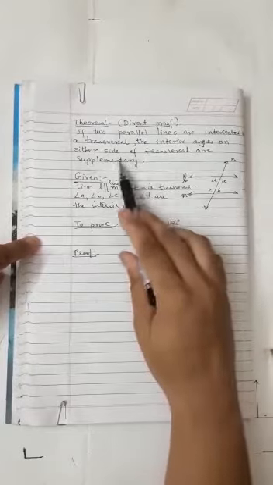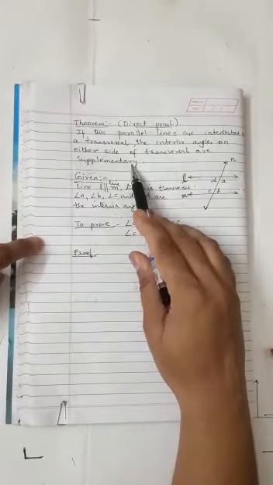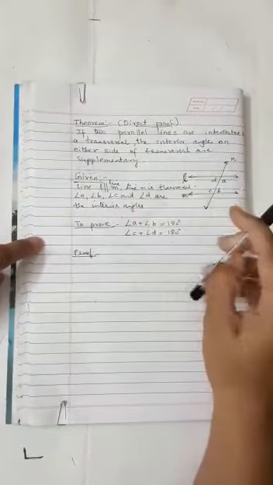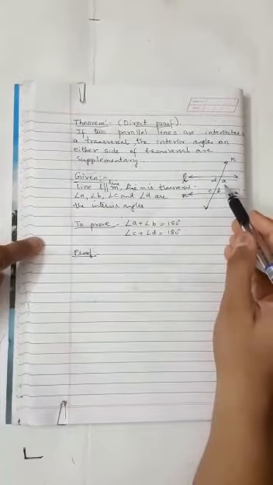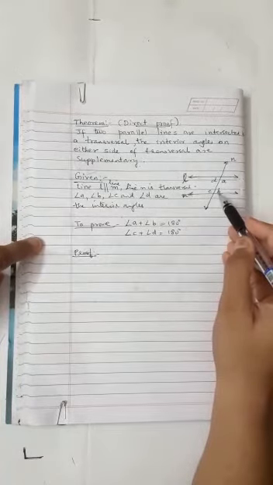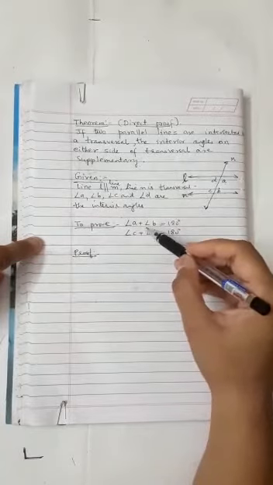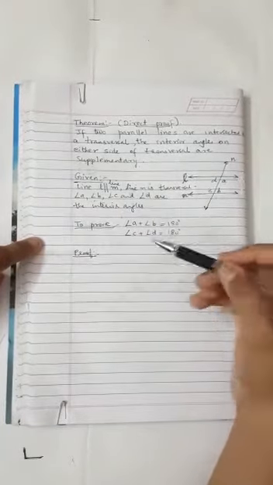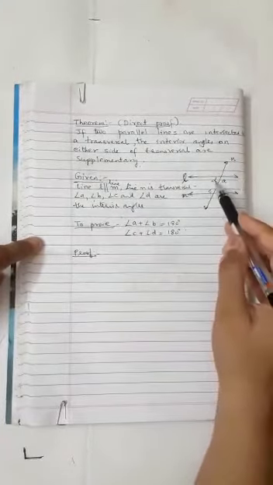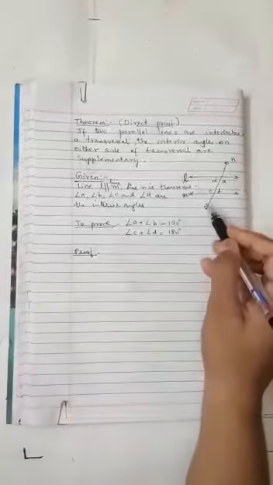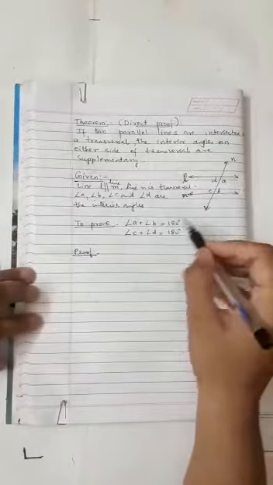We have seen that interior angles are supplementary and they are formed on the same side of the transversal. So as you can see, angle A and B are along the same side. So angle A plus angle B is 180, and also we have to prove that angle C and D, which are on the same side of the transversal, are supplementary. So these two things we need to prove, children.